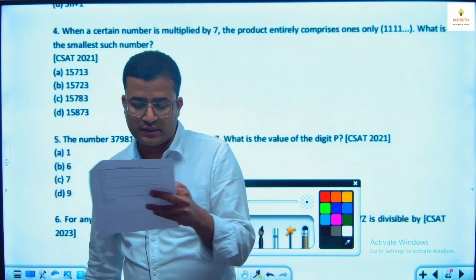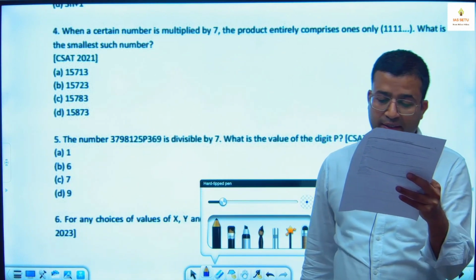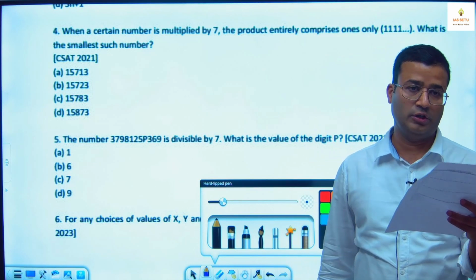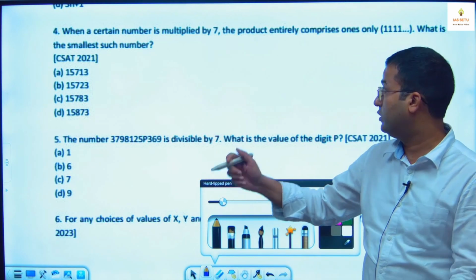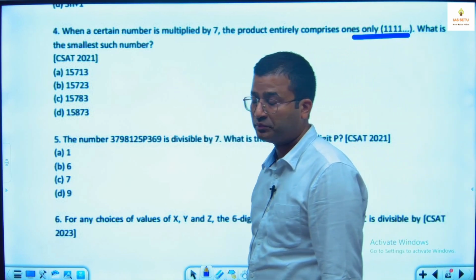Question number 4 is, when a certain number is multiplied by 7, the product entirely comprises ones only. Well, there is 1 only. What is the smallest such number?